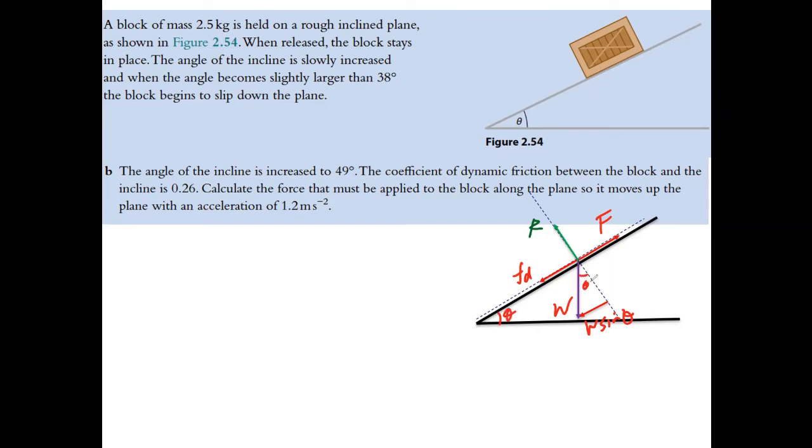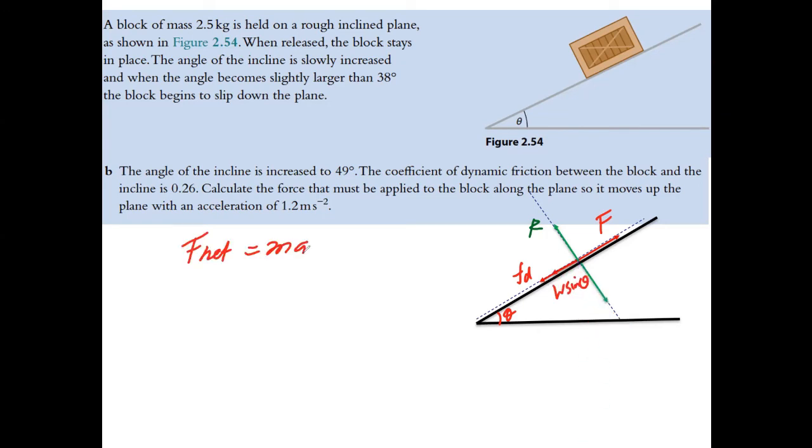Since the object is moving upward, the dynamic friction is acting down the slope, and we can move the x component of the weight like this, and the y component is still there.